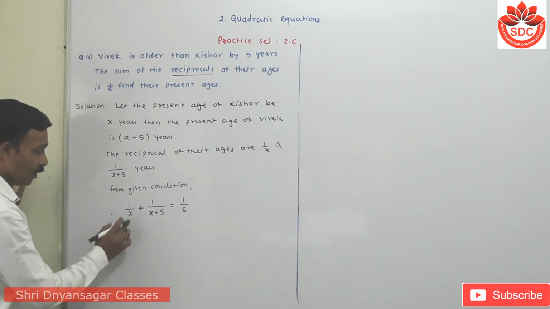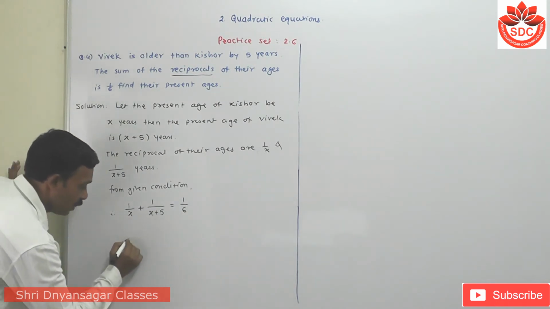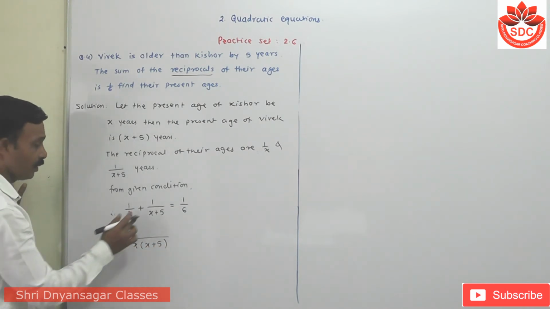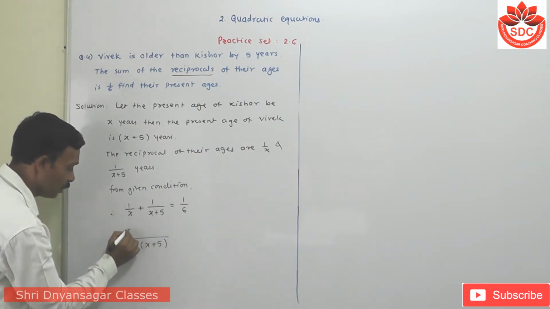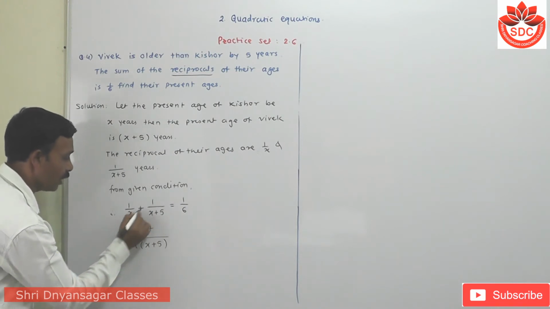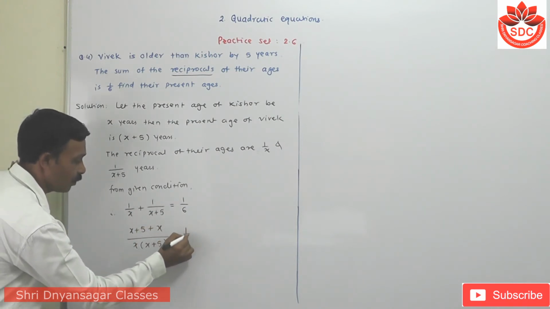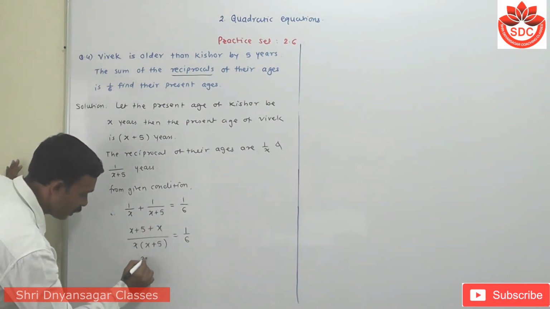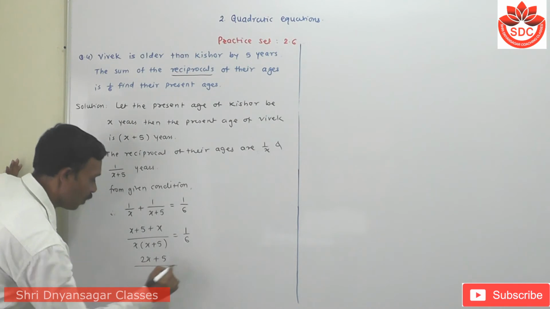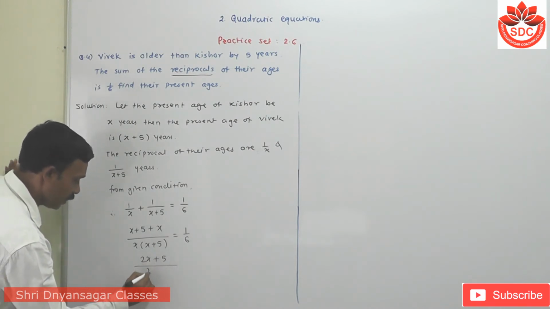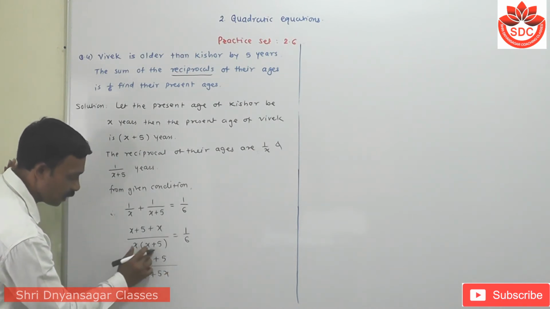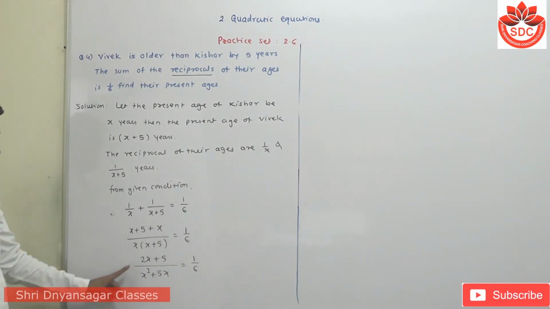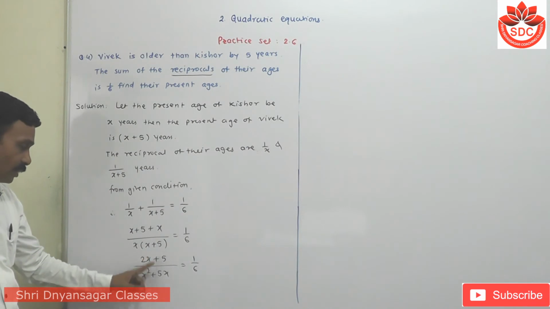Then the LCM of these two is x in bracket x plus 5. Then by cross multiplication, this will be x plus 5 plus x into 1 is x, equal to 1/6. Addition of these two is 2x plus 5 upon x square plus 5x.